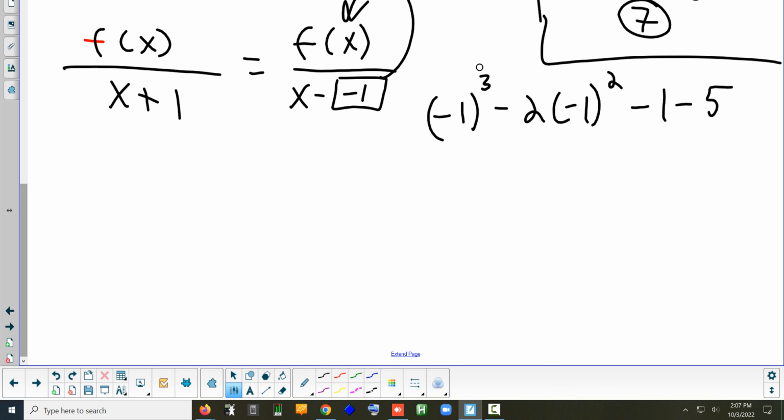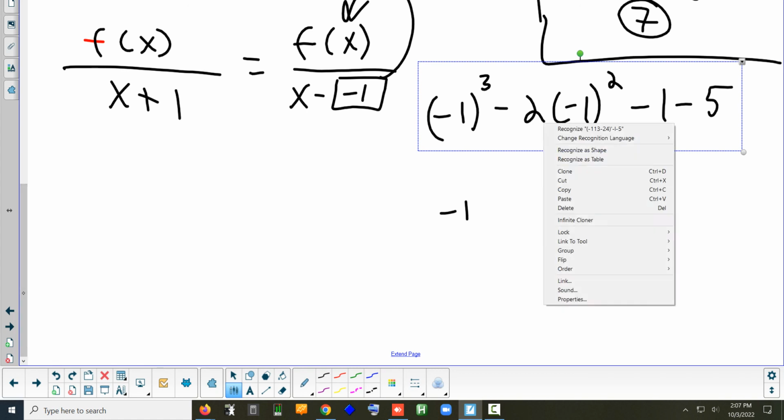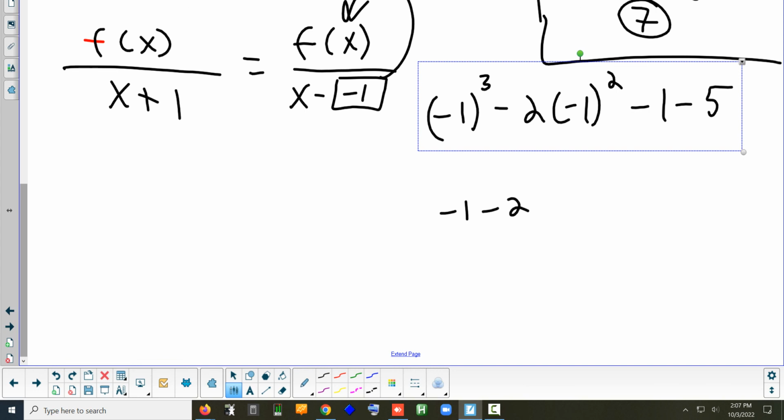Now, Asia, what's negative 1 cubed? Yep, because that's a negative times a negative times a negative. That's a negative. What's negative 1 squared? Yep, 1. 1 times 2 is 2. So negative 1 minus 2 minus 1 minus 5.